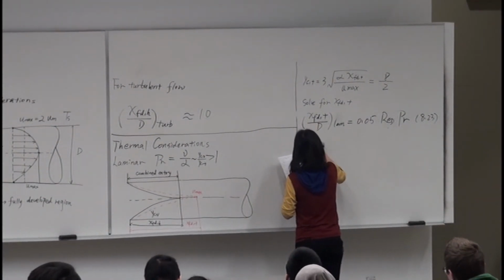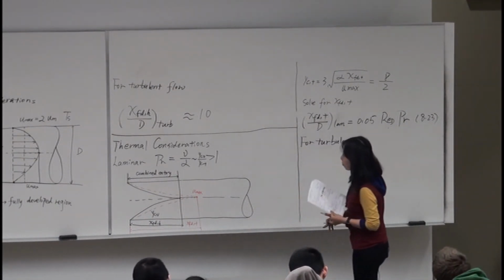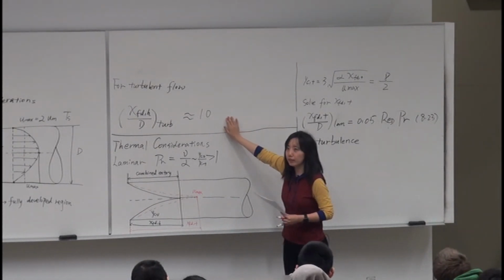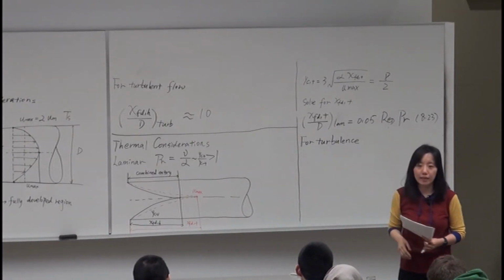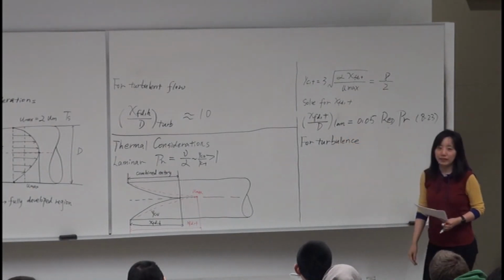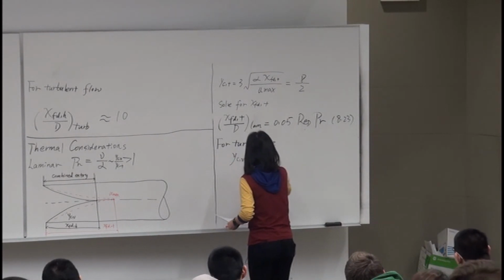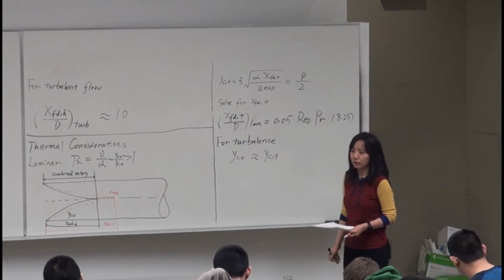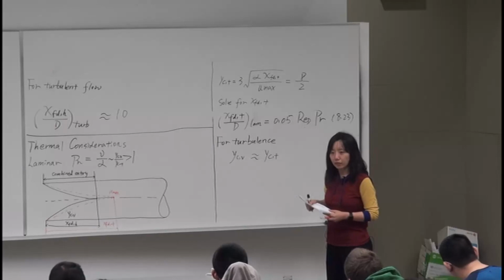For turbulence, we know that the hydrodynamic entry length in the turbulent case is more or less 10 diameters of the tube. How about the thermal entry length in the turbulent case? The viscous boundary layer is almost the same as the thermal boundary layer, as we already learned in external flow.